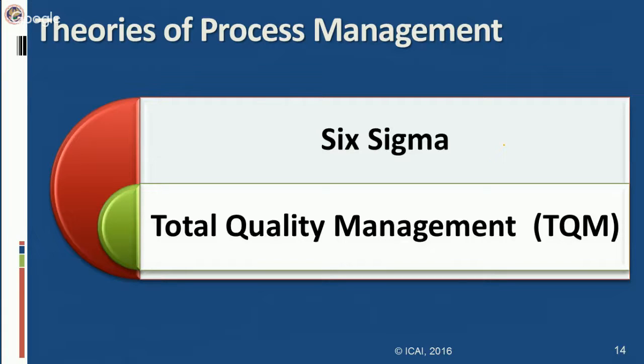So they have to have this customer oriented economy. They have to consider customer feedback, and according to the feedback they need to improve their processes. So what are the major theories of process management? Whenever there is a need for improvement, these two may be involved, Six Sigma and TQM.